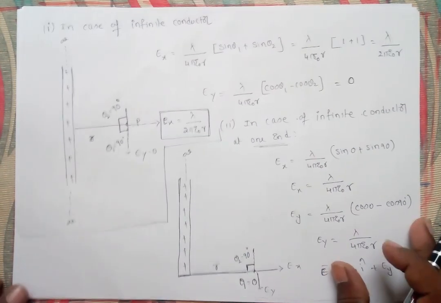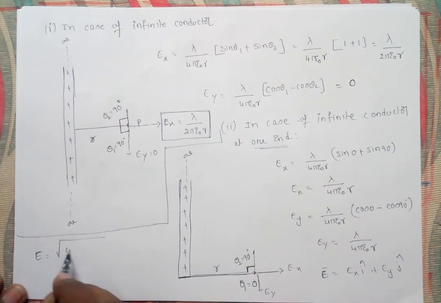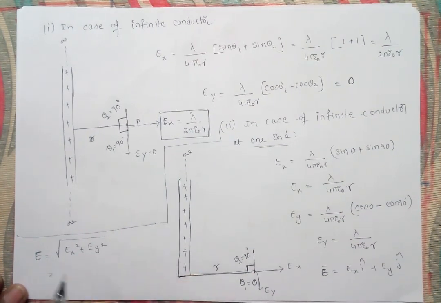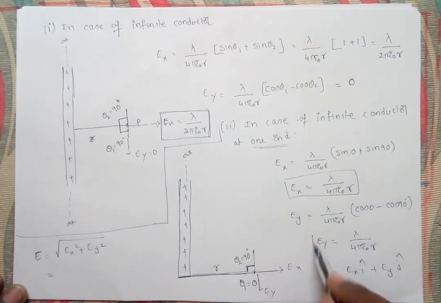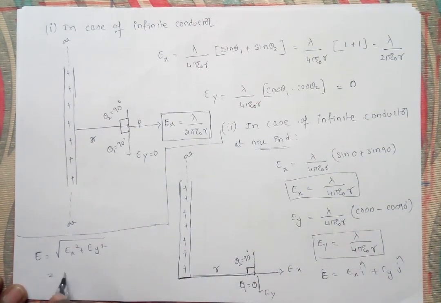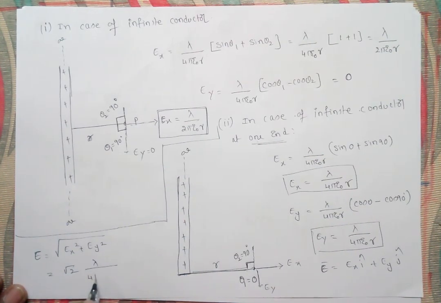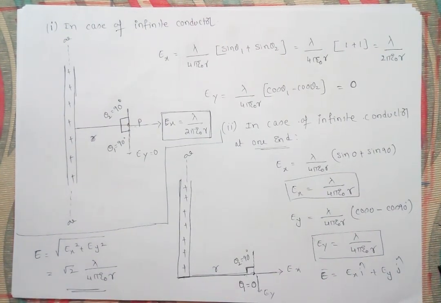You observe here that Ex and Ey are both the same in magnitude. So under the root, you will get root 2 times lambda by 4 pi epsilon naught r. This is the resultant electric field intensity at one end of the infinite conductor.